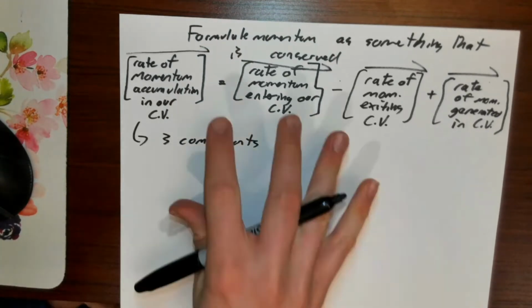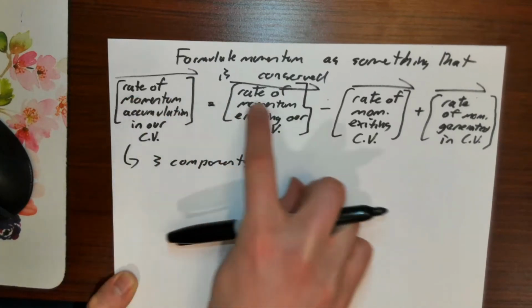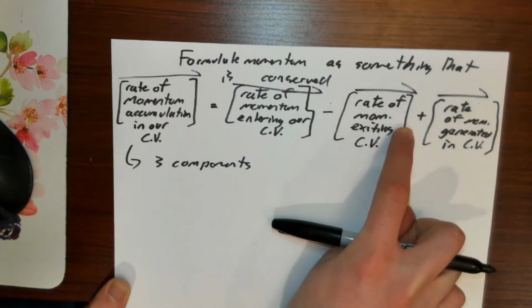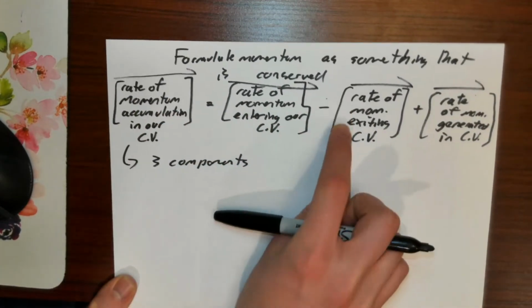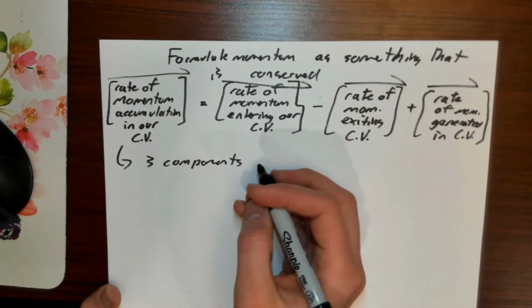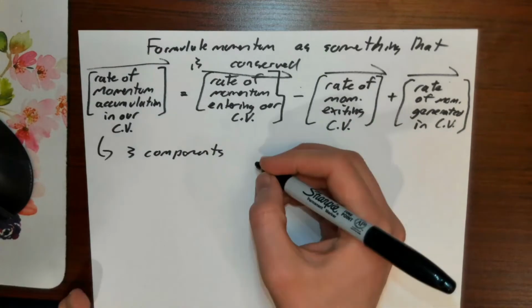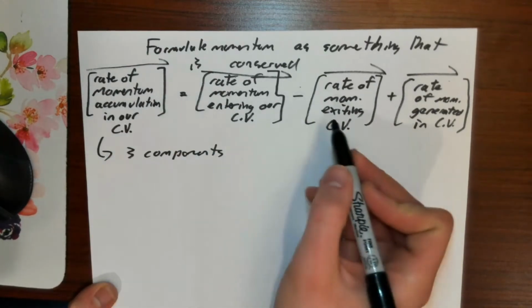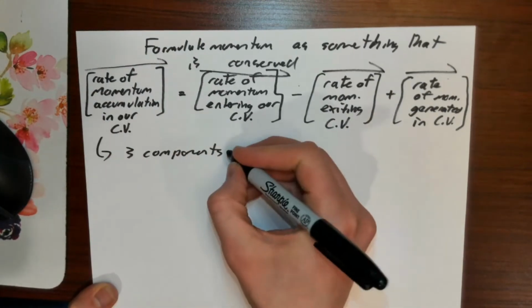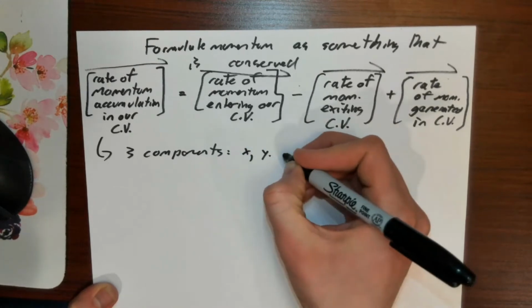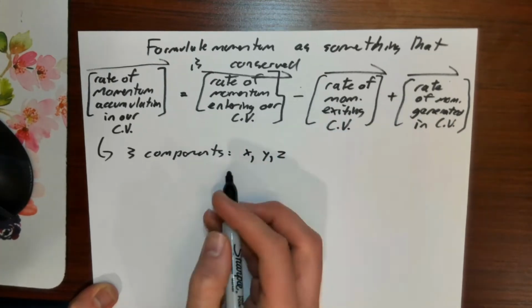So all of these vectors balance out, and this relationship is actually a 3-for-1. Hey, did you know that we're going to get a special deal today? Three equations for the price of one, right? So we can basically apply conservation of momentum to x momentum, to y momentum, and to z momentum as well.